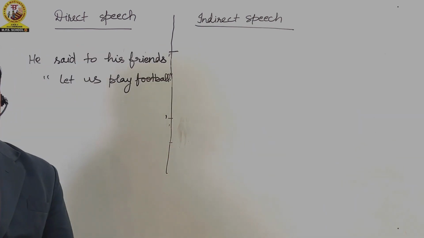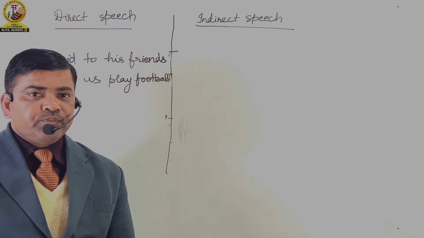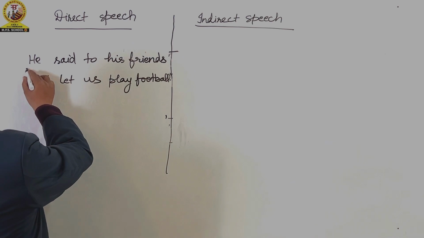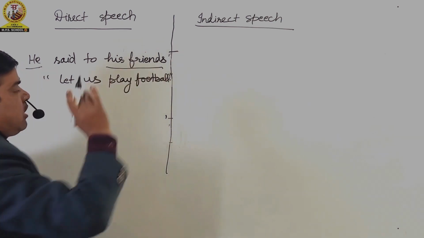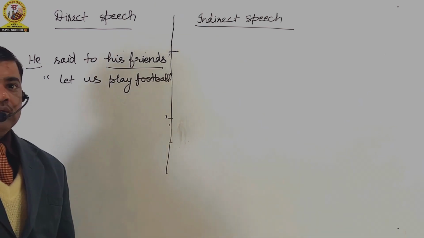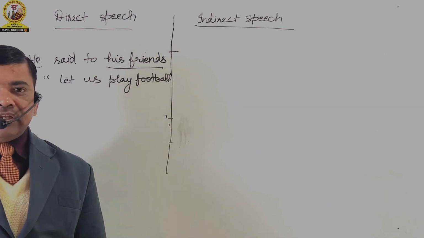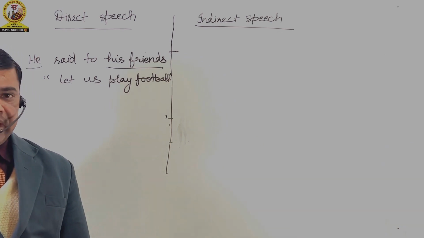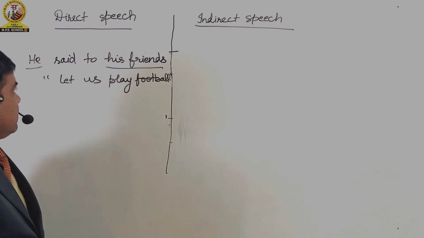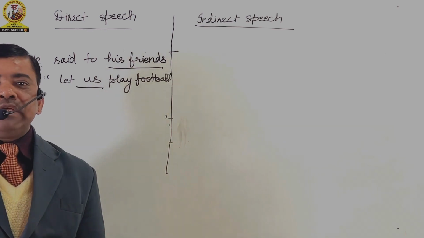Friends, I have taken the third example in direct speech in which the subject of the reporting verb and the object of the reporting verb both are the third person. In this type of sentence, we have to be careful while changing it into indirect speech because by removing us, we have to use they only.